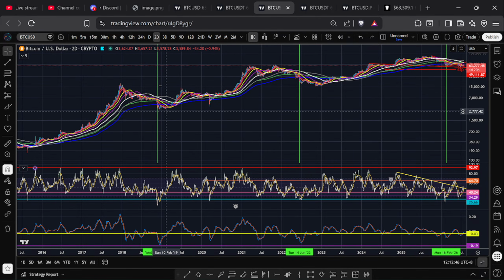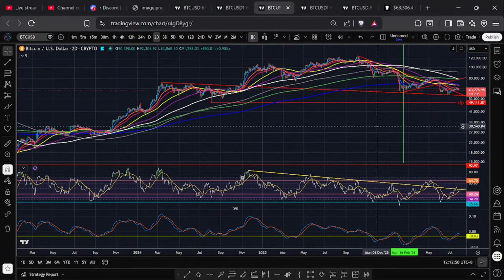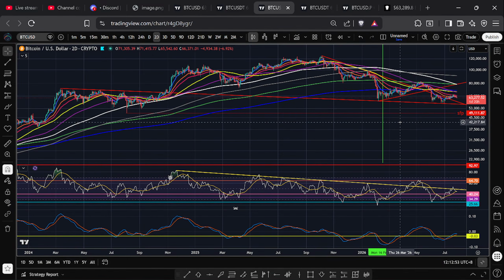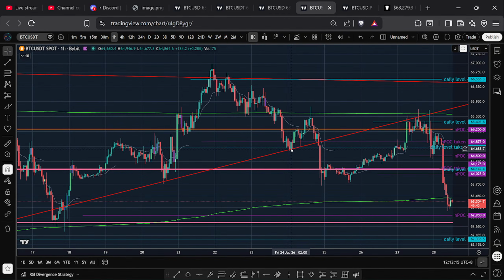Okay, it's just another indication to say that this could be a bottom. All right, once you get many indications from analysis you do on charts using things like this and other indicators, and they all stack up to say this is a possible bottom, well, trading's about probabilities, so you go with it. Now let's have a look at the current situation.